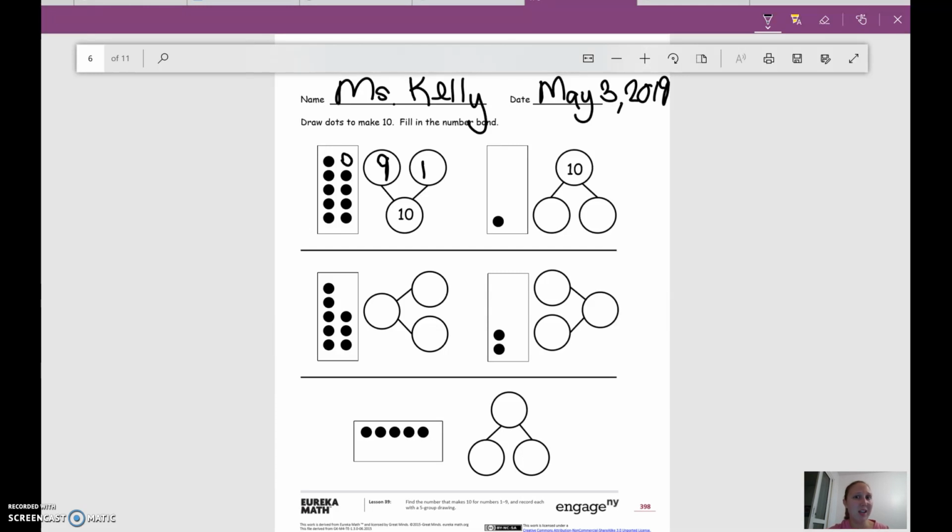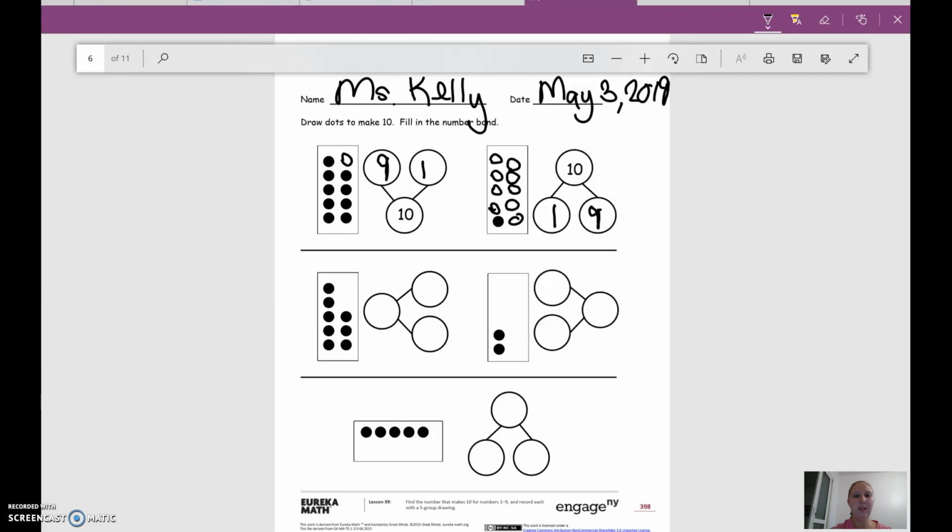How many more do you think it needs to get to 10? I bet you already know. Let's count. 1, 2, 3, 4, 5, 6, 7, 8, 9. 1 and 9 make 10.